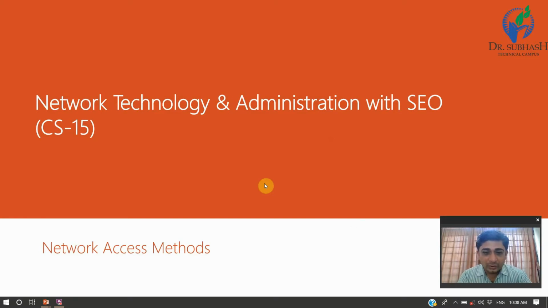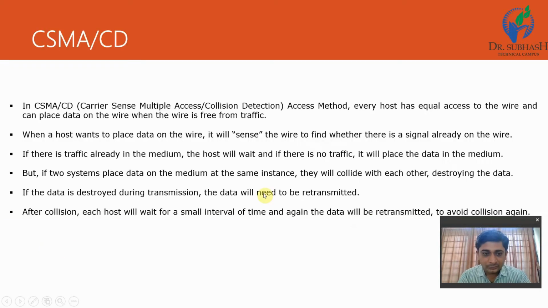Okay, so come back to our presentation and we discuss whatever we watched in this video. Right, so first of all, CSMA-CD. That is a way of transporting your data, how network can be accessed. CSMA is abbreviated as Carrier Sense Multiple Access. So carrier sense, how your data will be transmitted.